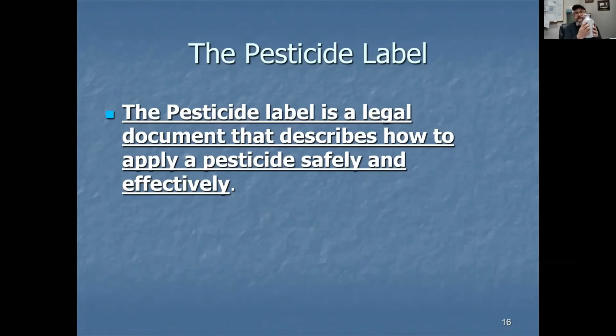If you look at this, it peels off and you have a little booklet on the inside. And that's known as the label. Okay, the pesticide label is a legal document that describes how to apply a pesticide safely and effectively. Okay, so here's an example of a Weevil-Side label. It's quite a thick document. However, half of it is in French, so I guess it's half as thick as it looks.